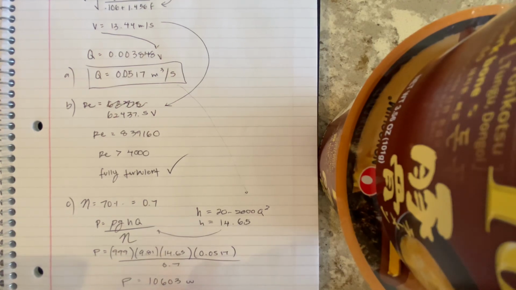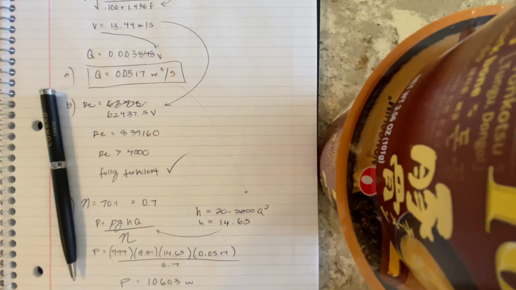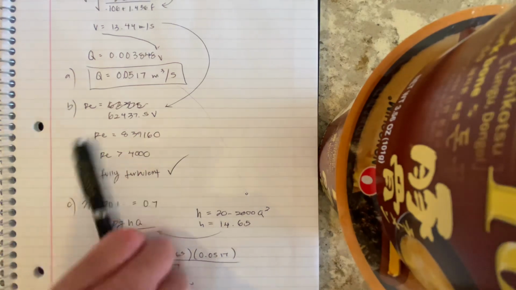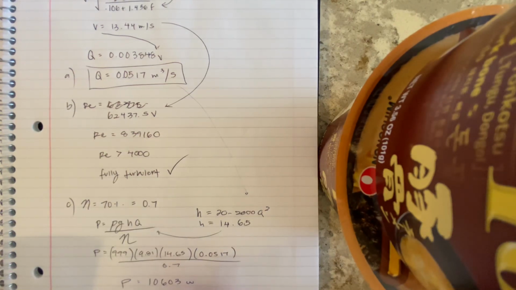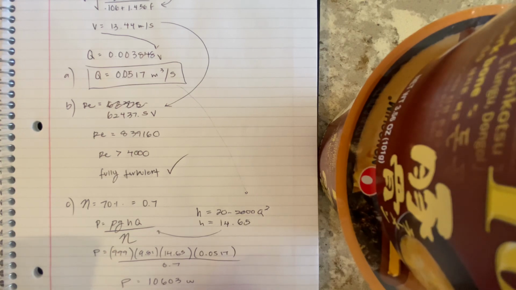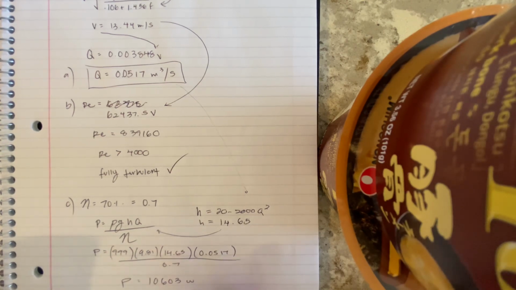But then you want to make it look cleaner, divided by 1,000, P is equal to 10.60 kilowatts. And that's our answer for C.